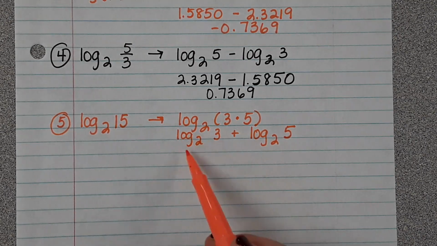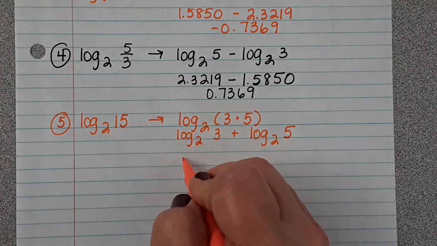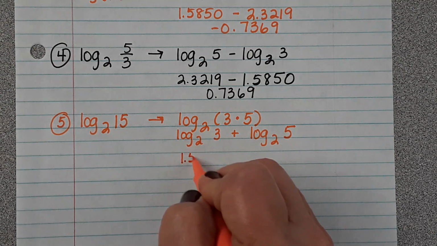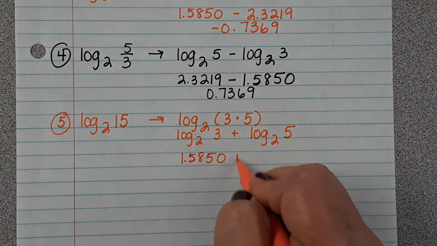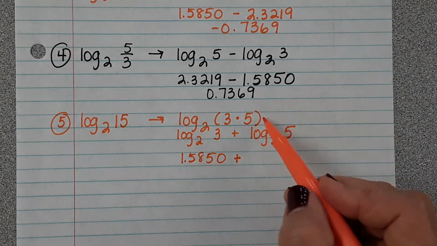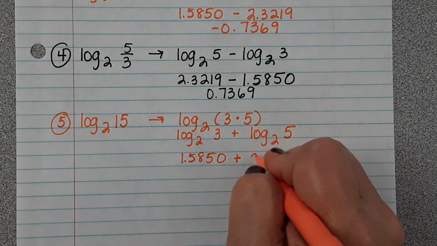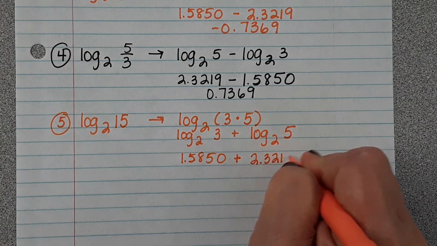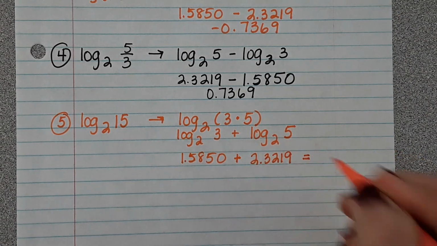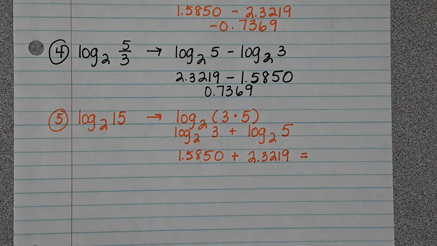She gave me log base 2 of 3, which is 1.5850, and I gave you log base 2 of 5, which is 2.3219, and I can add those, and what do I get?